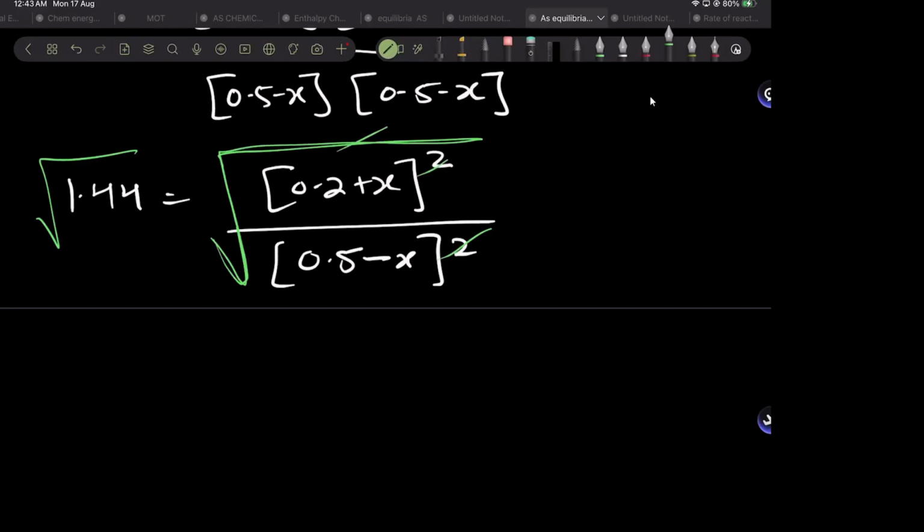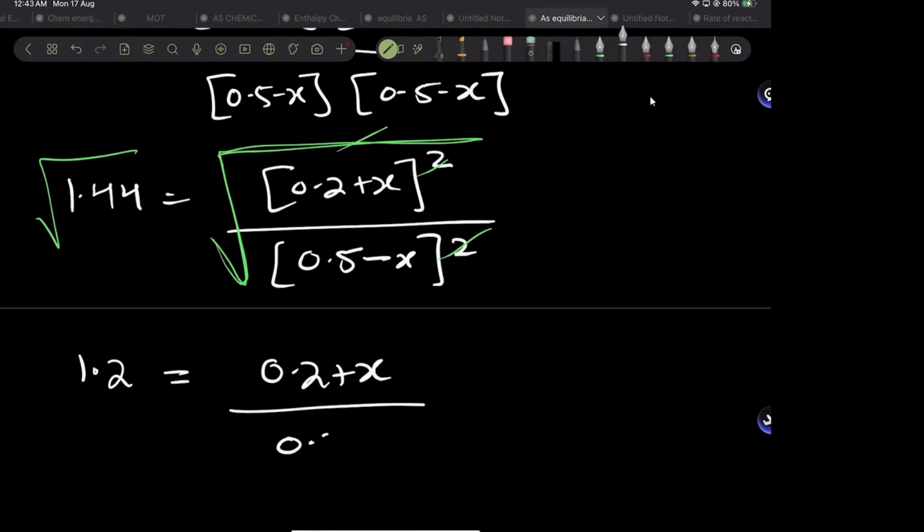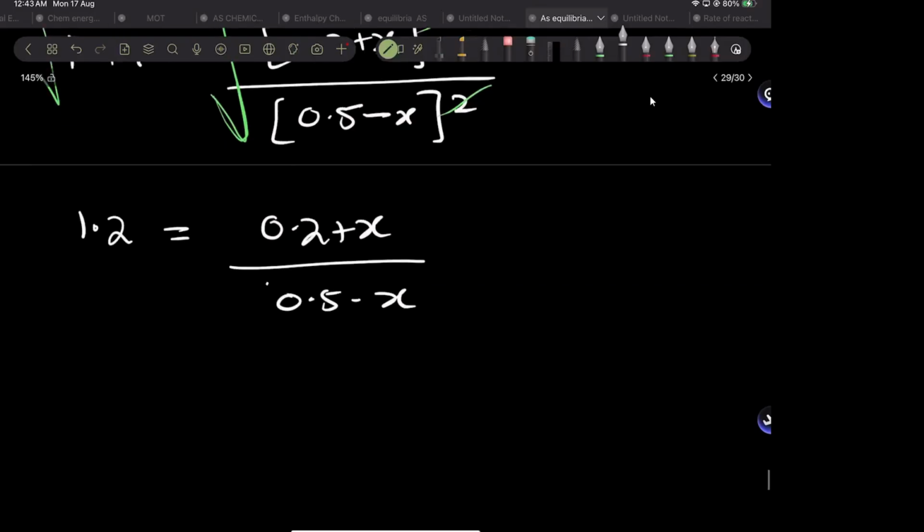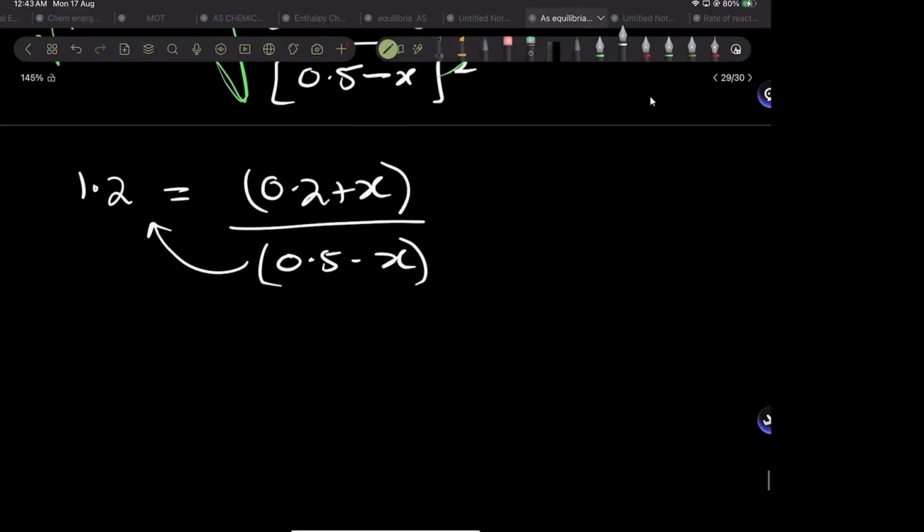And what's the square root of 1.44? The square root of 1.44 is 1.2. So 1.2 is equal to 0.2 plus X divided by 0.5 minus X. Now just start making X the subject. So this bracket goes here and multiplies with 1.2.